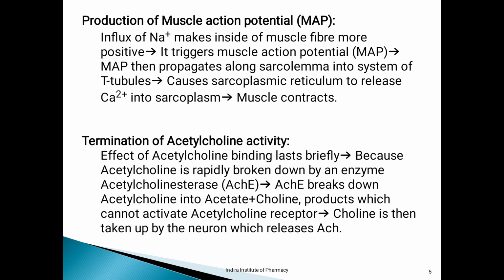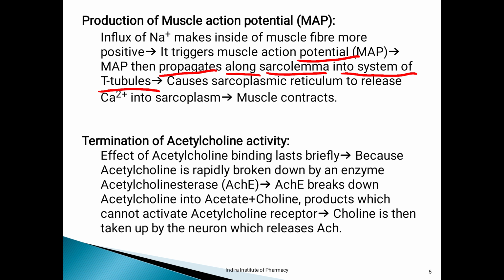So influx of sodium makes the inside of the muscle fiber more positive, which will trigger a muscle action potential that propagates along the sarcolemma into the system of T-tubules. We have already covered what T-tubules are: transverse tubules surrounded by the muscle fiber.